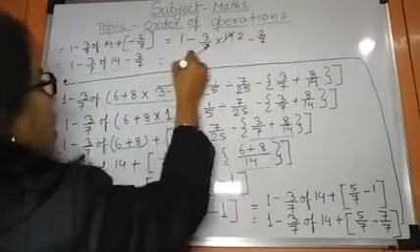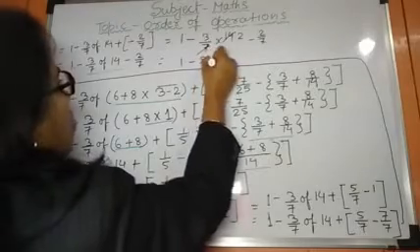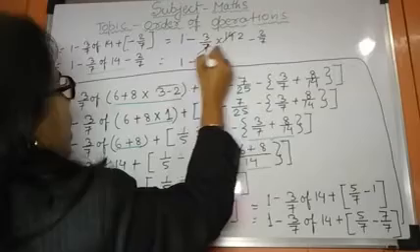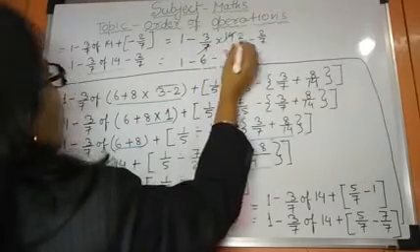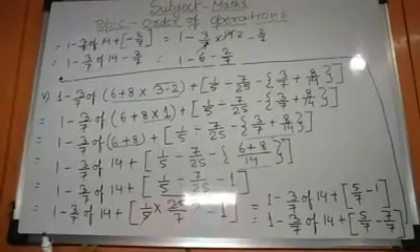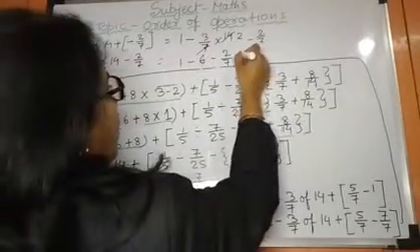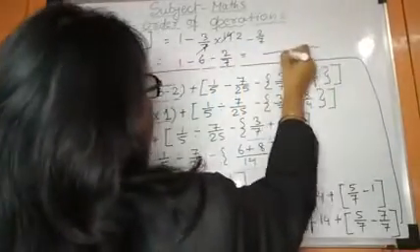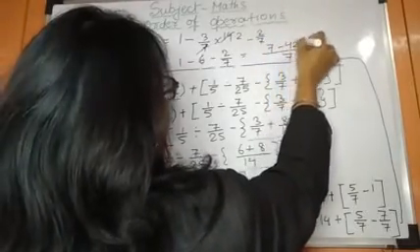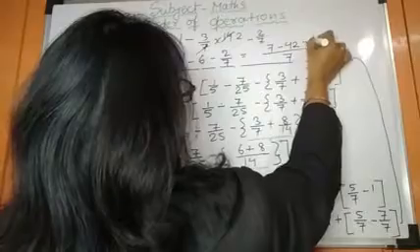That is 1 minus 6 minus 2 upon 7. Now what you have to do? You can take the LCM, which is 7. So 7 minus 42 minus 2.